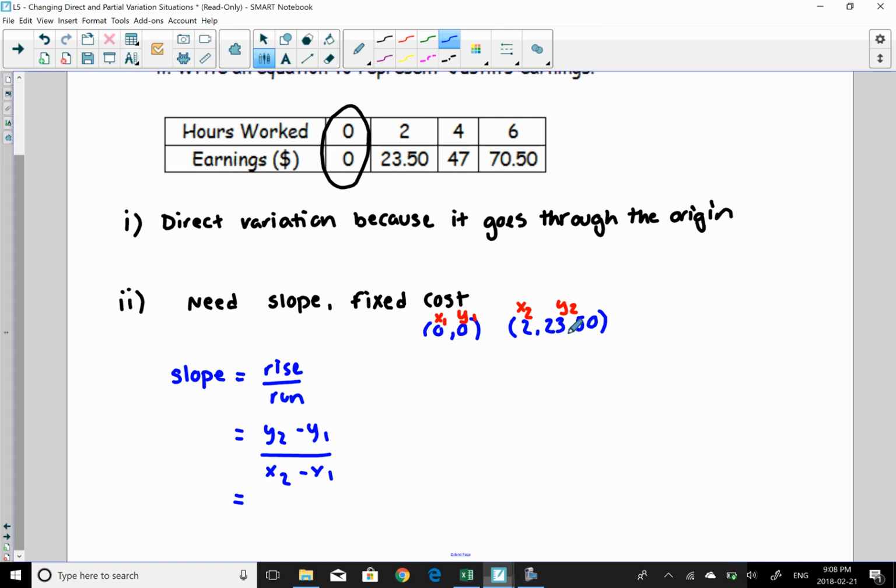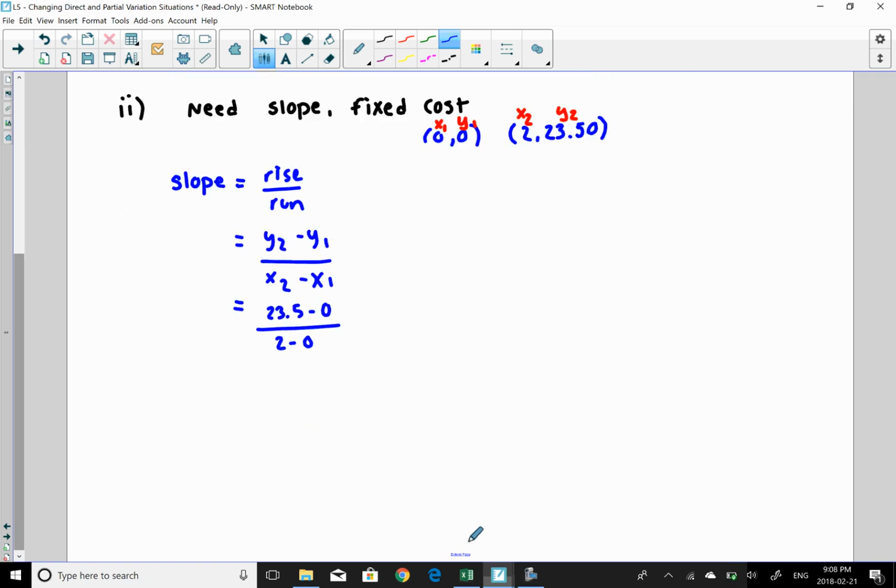So 23.5 subtract 0, and then you have 2 minus 0. And you end up with 23.5 divided by 2, which is 11.75. Think about it, this is how much he makes per hour.